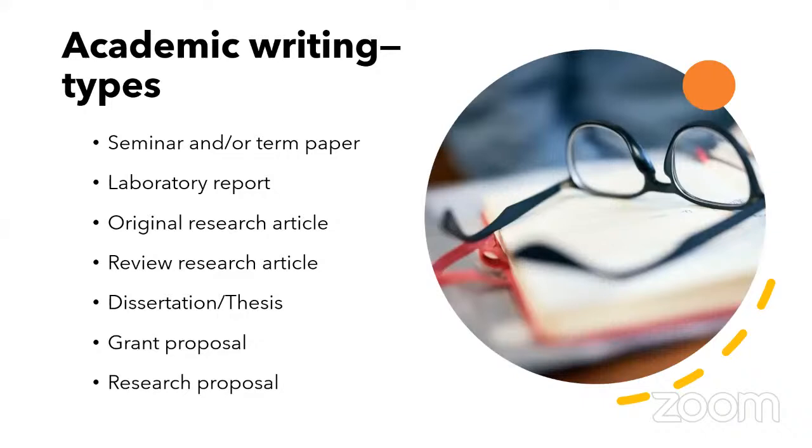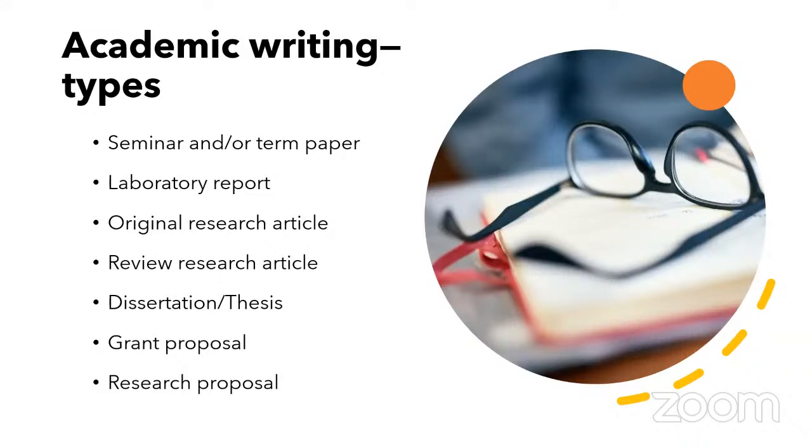So when you do academic writing, you could have done that as a seminar or a term paper. That's a short essay, probably submitted as part of a course, a laboratory report, an original research article, a review research article, a dissertation or thesis, a grant proposal, a research proposal.